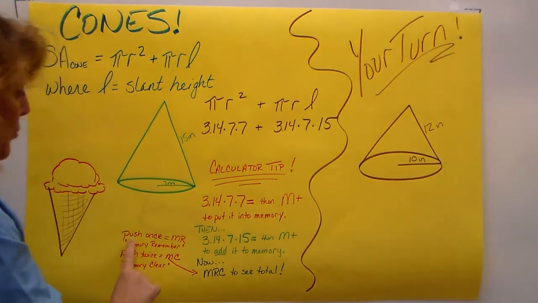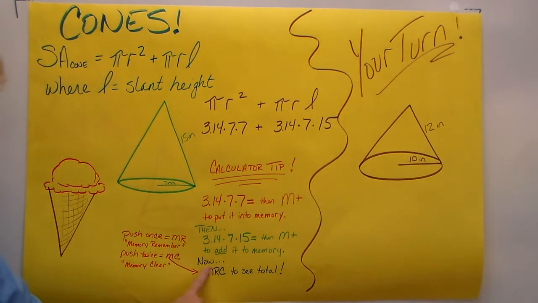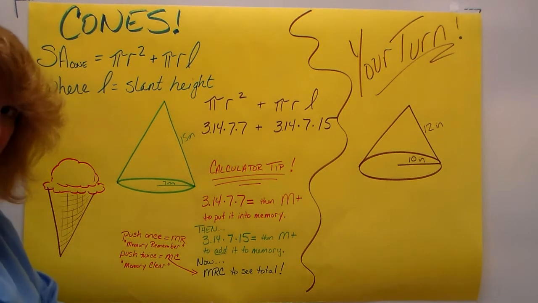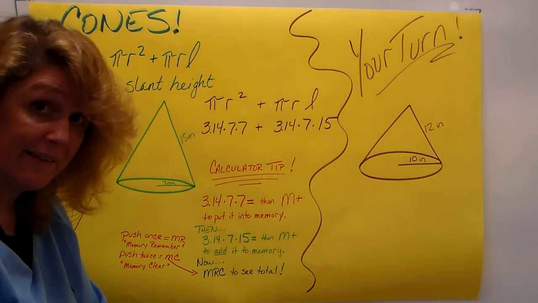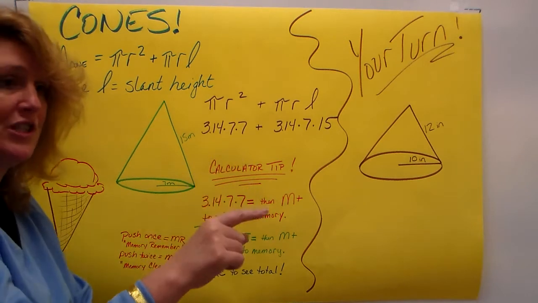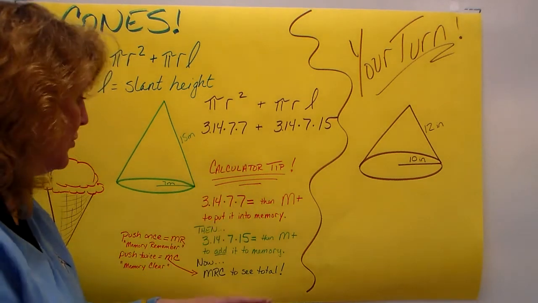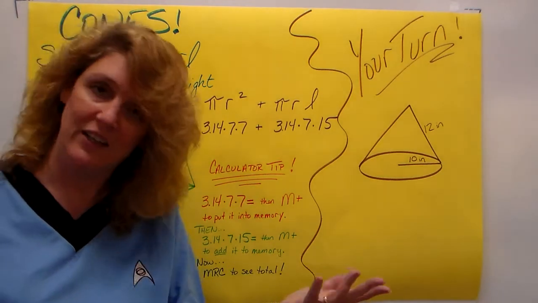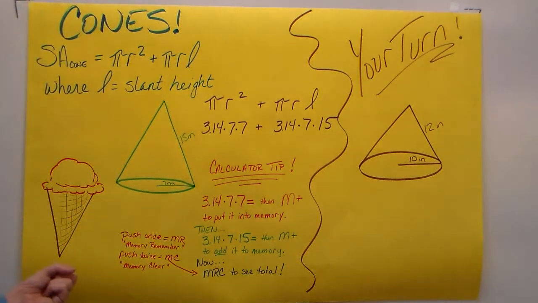Because if you push it once, it's MR, which is memory recall. So it tells you what it was. If you push it the second time, it's MC, which is memory clear, which means it goes away. Which is why if you push it a bunch of times, the memory goes away, but all you need is 2, okay? So I need you to know the difference, and you learn something, and it makes your calculator your friend, okay?